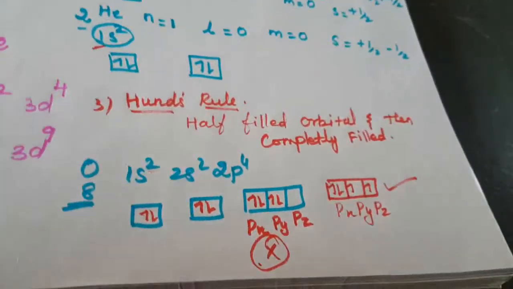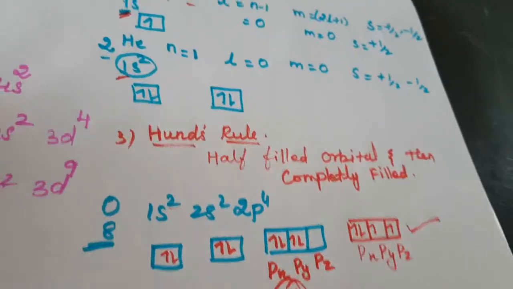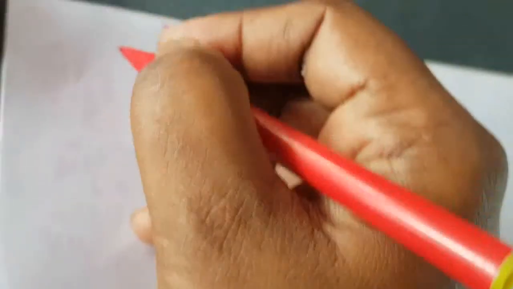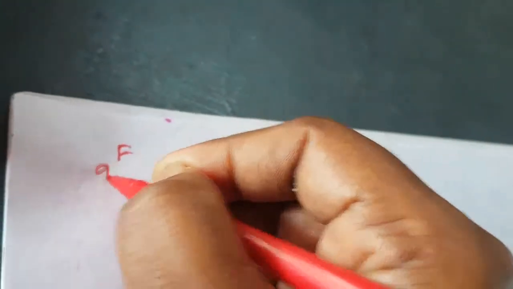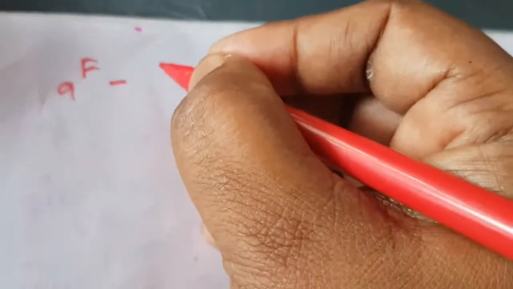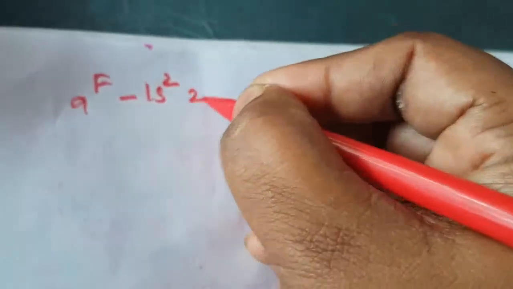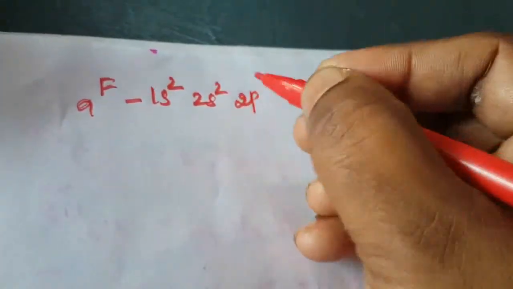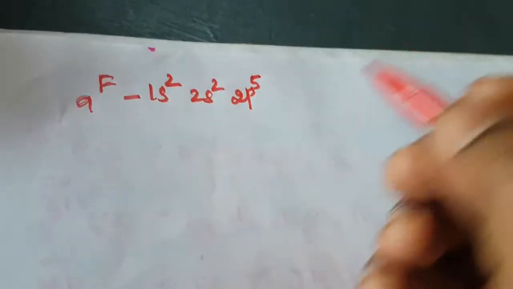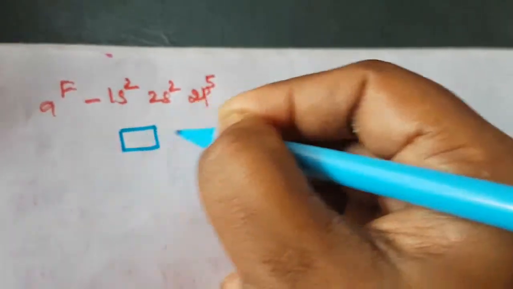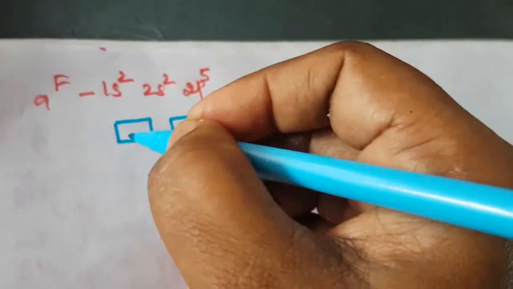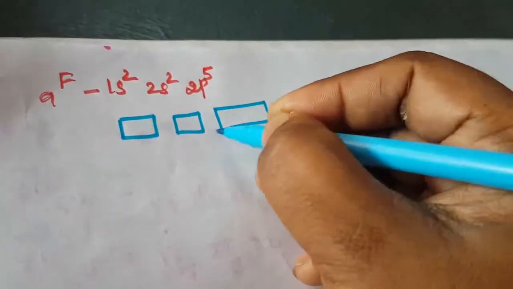Okay, this is another one. Suppose another one: fluorine, atomic number 9. Now how to write the electronic configuration? The same order, 1s2, 2s2, 2p remaining 5. How to fill the orbitals? The 1s orbital is 1 box, the p orbital is 3 boxes.